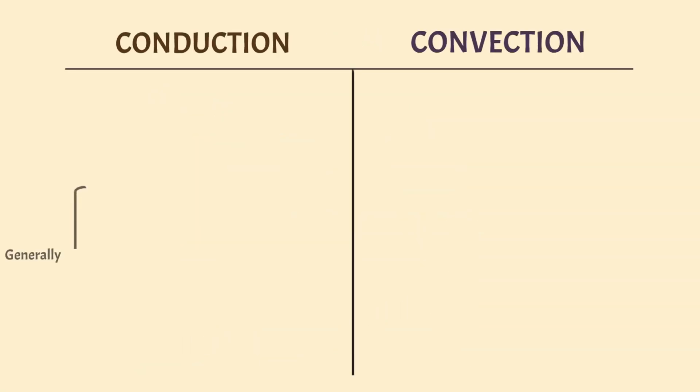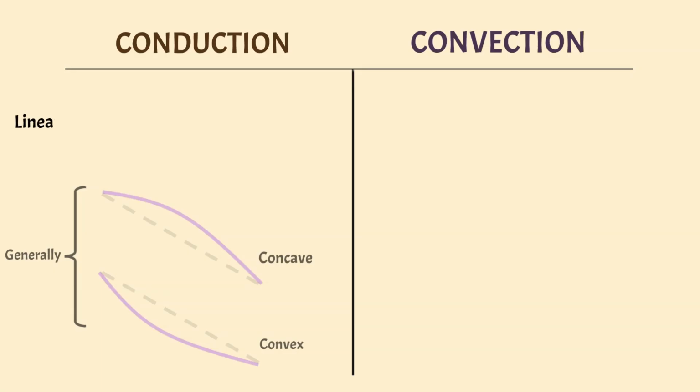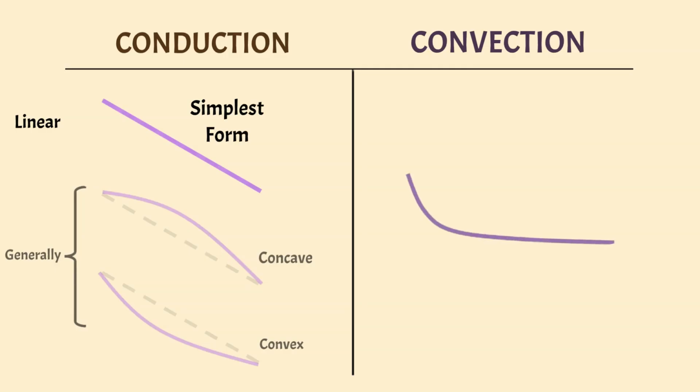It is instructive to note that, for the case of conduction, temperature profiles are generally curved. However, we saw in our last example for conduction that temperature profiles can be linear in their simplest form. For convection, temperature profiles are always nonlinear, that is, curved, even in the simplest of cases. This reflects the differing nature of convection from conduction.